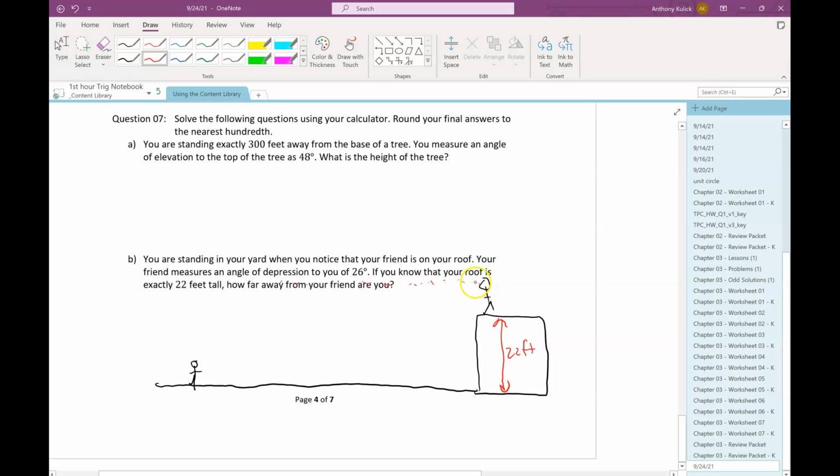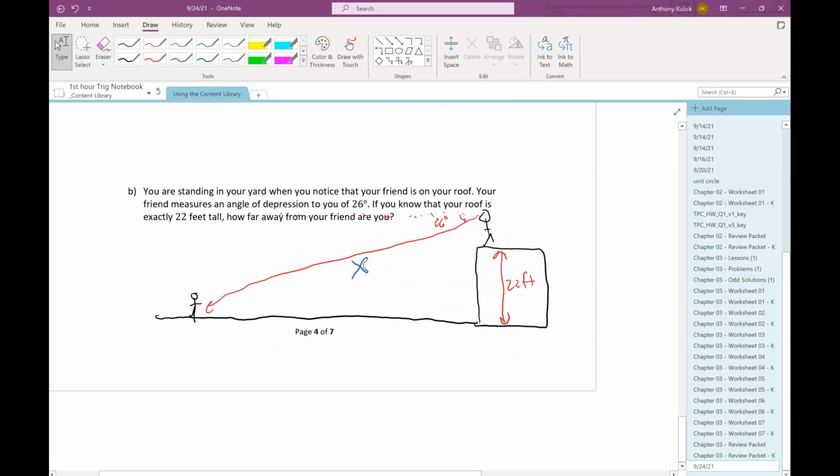So an angle of depression of 26 degrees means they looked down 26 degrees. Is that okay? And the distance we're looking for is the straight line between you and your friend. Does that feel okay? Okay, so I'm going to translate this now into a triangle.